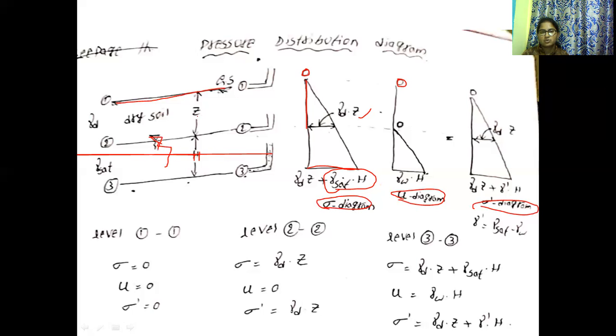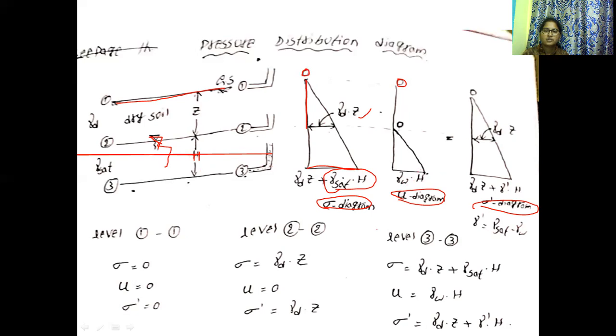Dry condition means no water in the first layer, that's why this diagram will be 0. Dry condition means the entire void is filled by air only, that's why neutral stress will be 0. But in the second condition, this is fully saturated, that's why you can write gamma W into H.